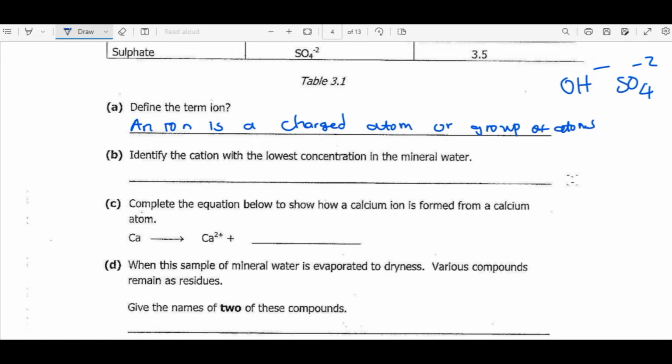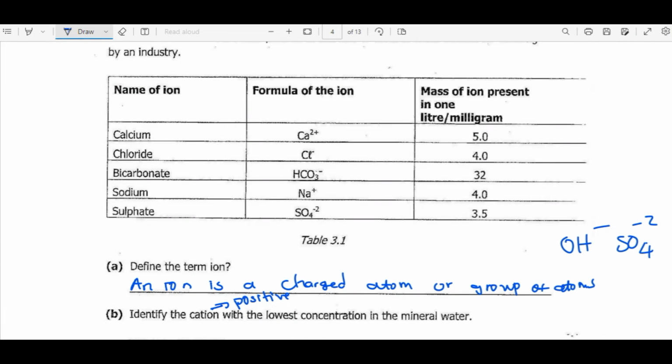Then question B, identify the cation with the lowest concentration in the mineral water. So cation, we are looking at a positive charge. So we need to look at the one with the lowest number from the concentration. So the cation, we only have sodium and calcium.